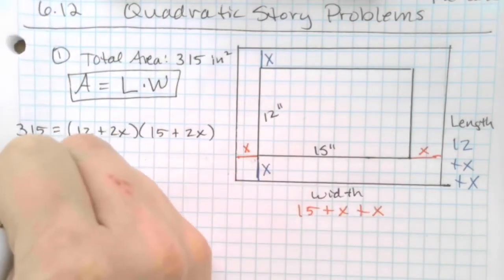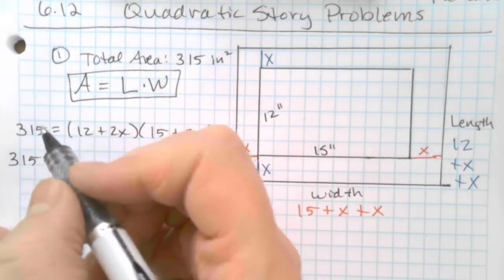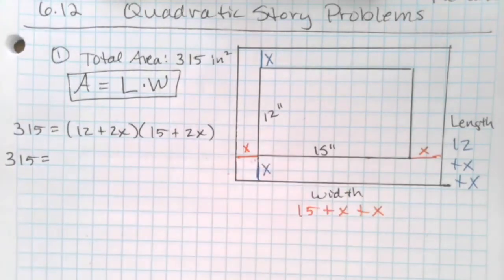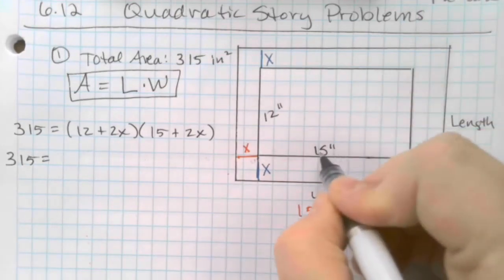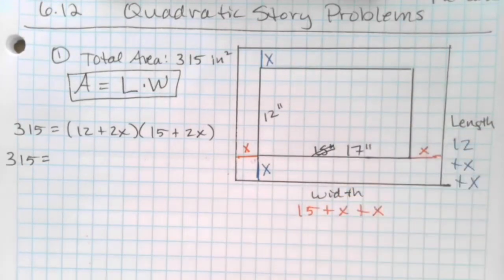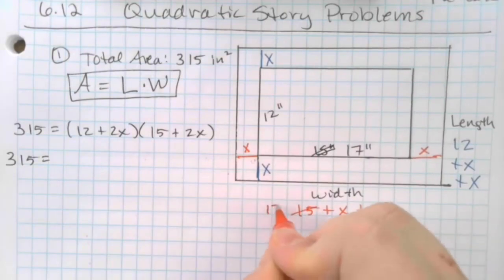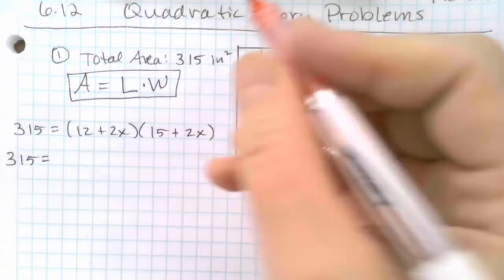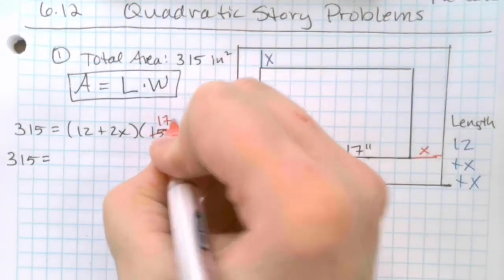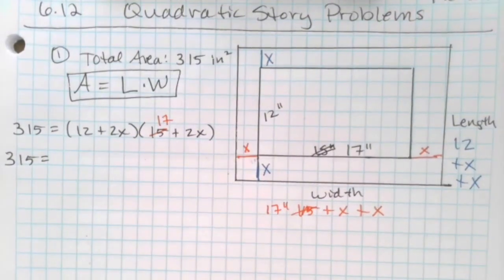So 315 equals, let's see, 12 times 15. Oh, it should be 17. Sorry about that. 17 inches, my apologies. So this one should be 17 inches, and I am definitely going to grab a calculator to help with some of these bigger numbers.